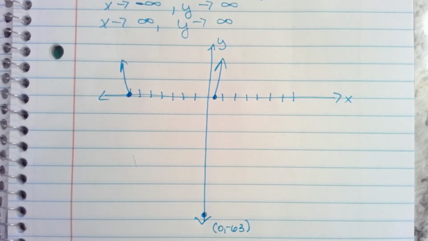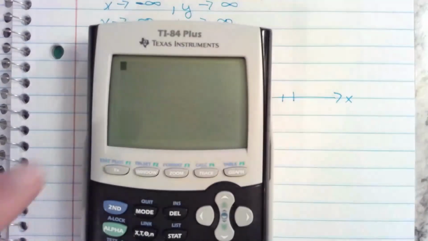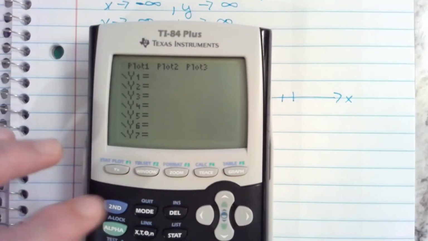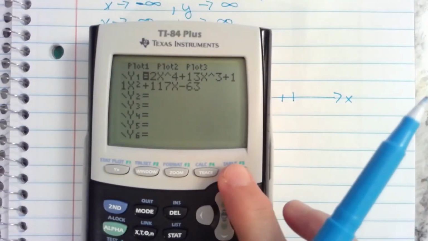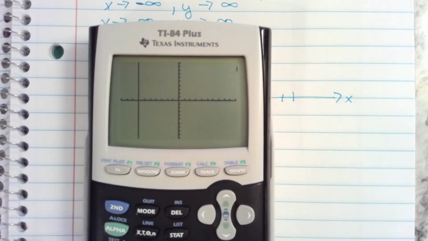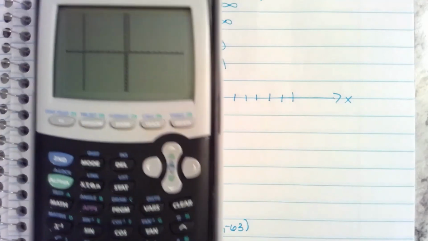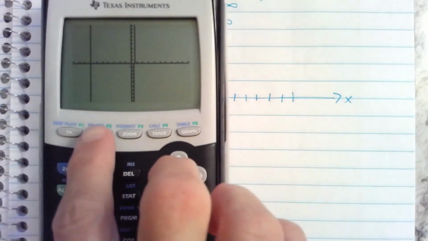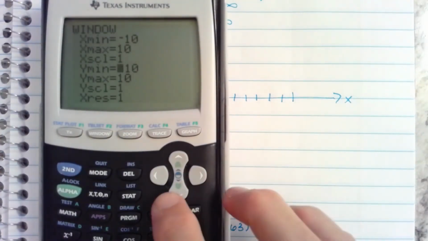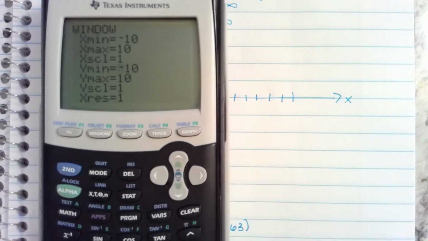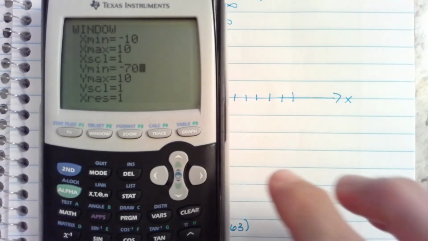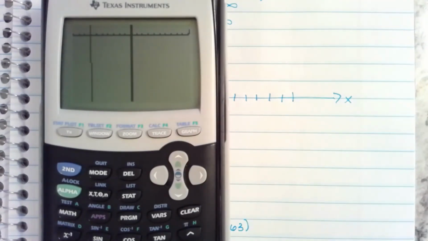Just so we can get an idea of the graph, my window is not going to be quite right for this one, but I'm going to show it to you anyway. So it looks like we have a little squiggle going on right there. I don't know if you can see that on my graph. Let's go out a little bit. I need to see more in the negative direction here. Let's go down to -70. See what that does.